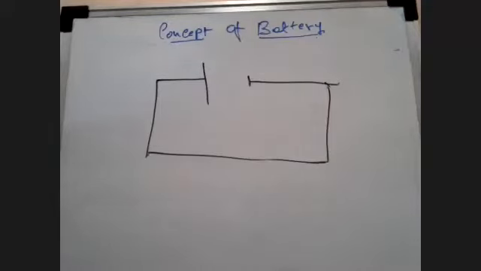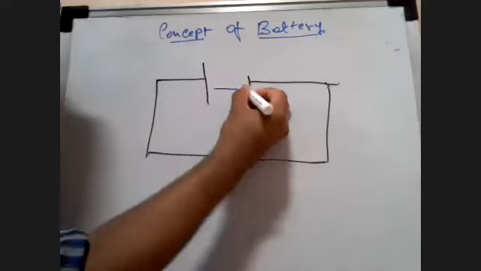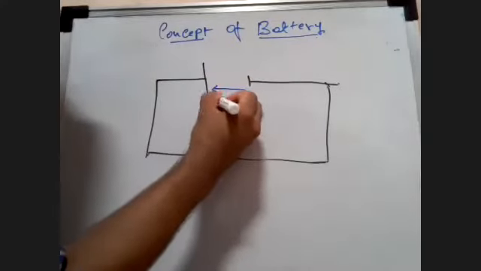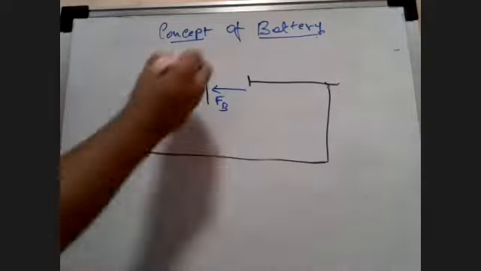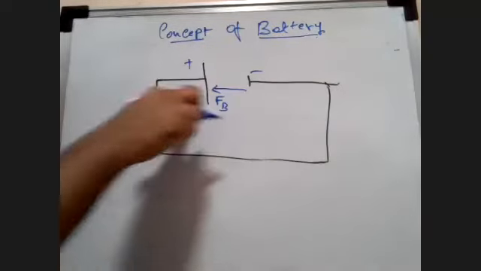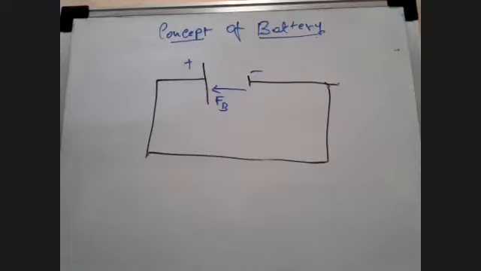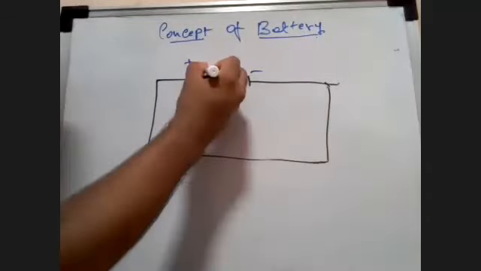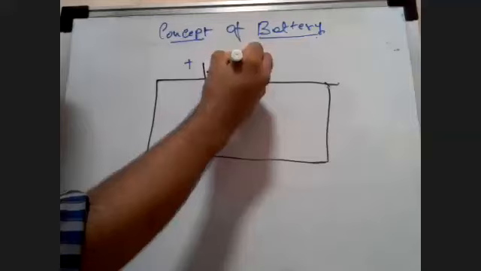And now I don't need to explain again why there will be a force from the negative terminal to the positive terminal, and of course there will be an electric field right here in the opposite direction, capital E.